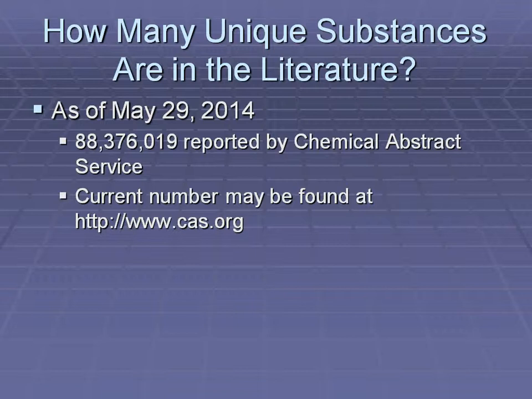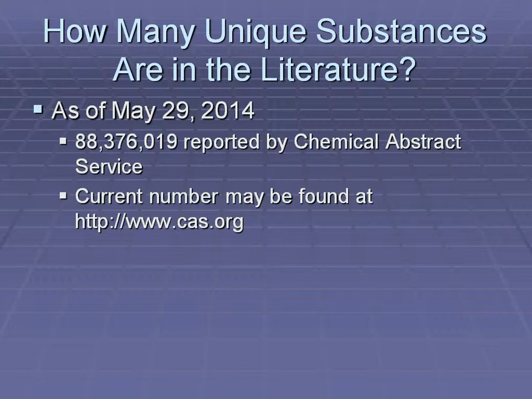Okay, how many unique chemical substances are there in the literature? As of May 29th, 2014, there were over 88 million substances reported by Chemical Abstracts Service. Of course, many of these are just academic curiosities. They may only be in the literature once. They're not of much interest.